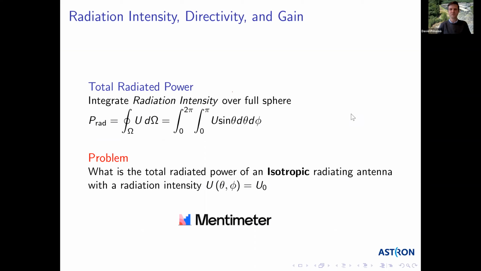This refers to an element radiating equally in all directions. So it radiates a perfect sphere, meaning that it has the same radiation intensity at all angles. As I show here, U at every angle is just a constant U naught. So given that, I'd like you to calculate the total radiated power.